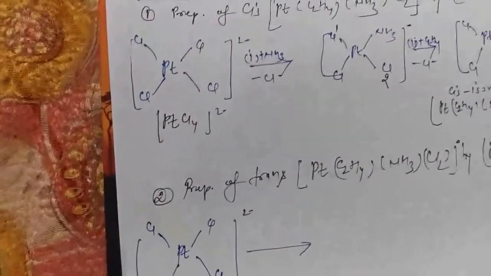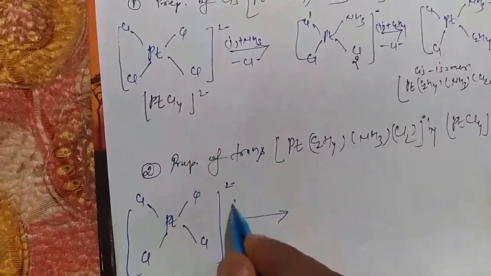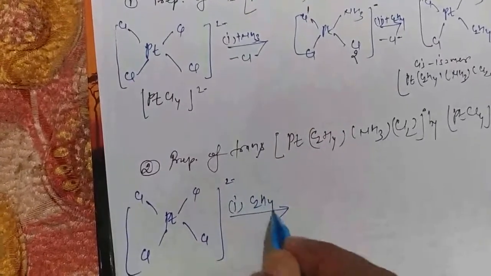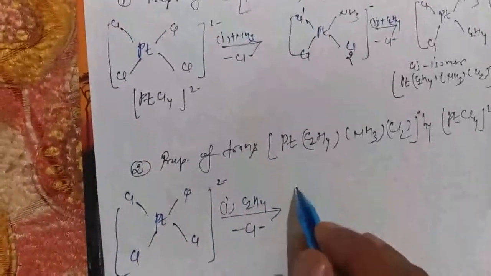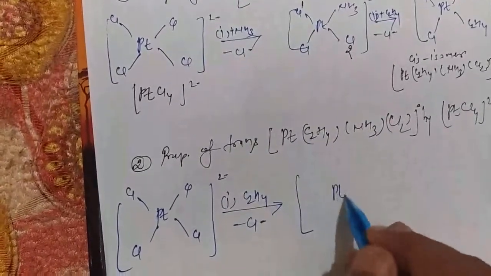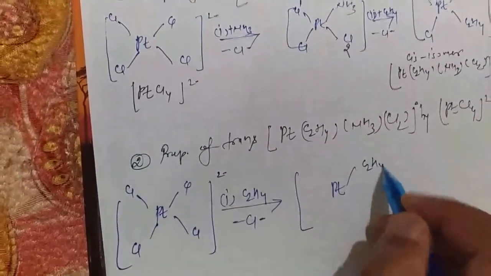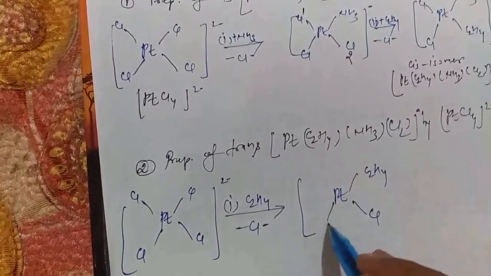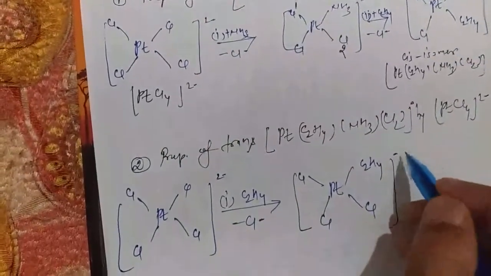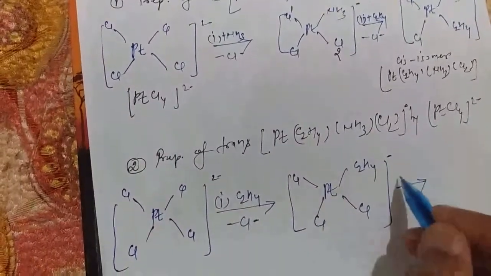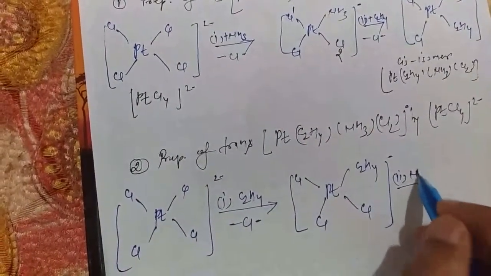What we'll do is start with C2H4, because if you start from ammonia you'll get the same product. We replace one Cl with C2H4; we can replace any of the Cl, there is no choice about that. So we replace this one, giving minus one, and now in the second case we have ammonia.